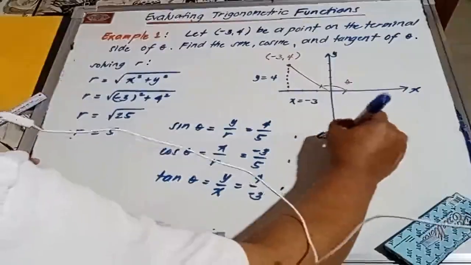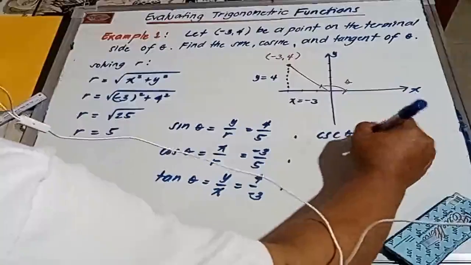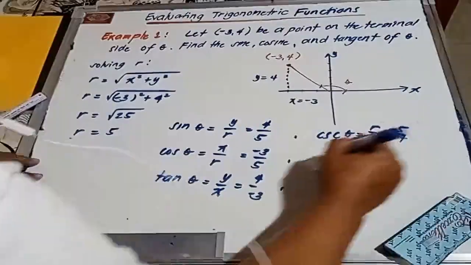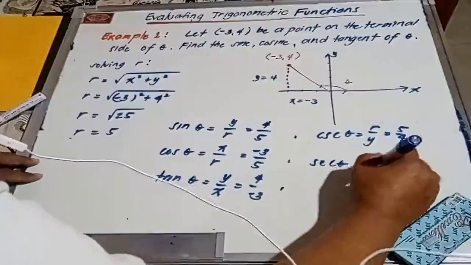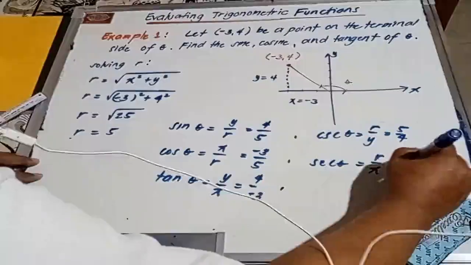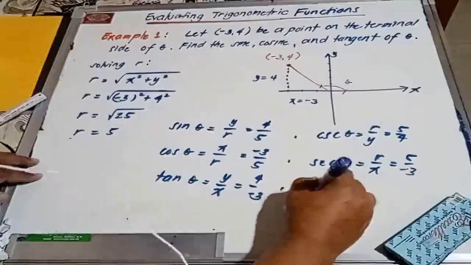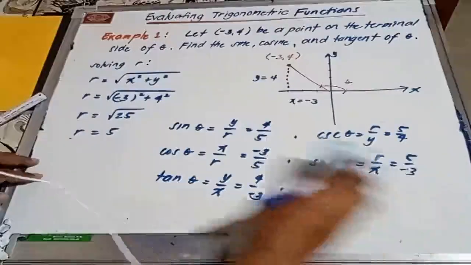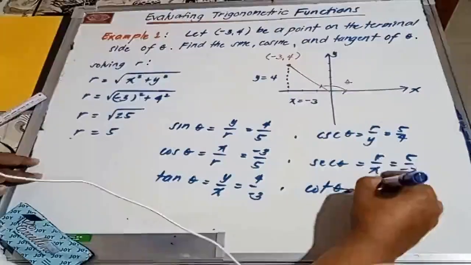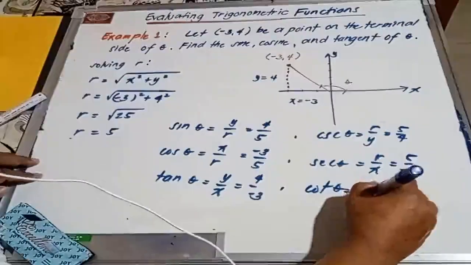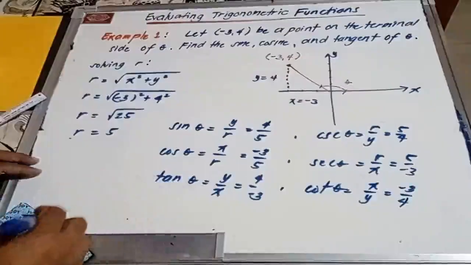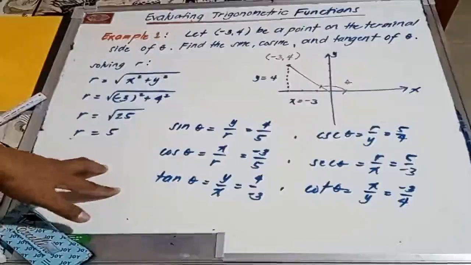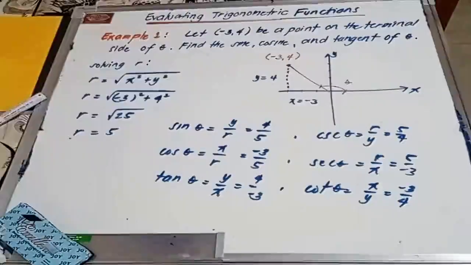For cosecant theta, r over y, so that is 5 over 4. For secant theta, that is r over x, or 5 over negative 3. And last one is cotangent theta, reciprocal of tangent. That is x over y, or negative 3 over 4. Okay. So ito yung sagot natin dun sa tanong na pinapahanap, yung sine, cosine, and tangent of angle theta.